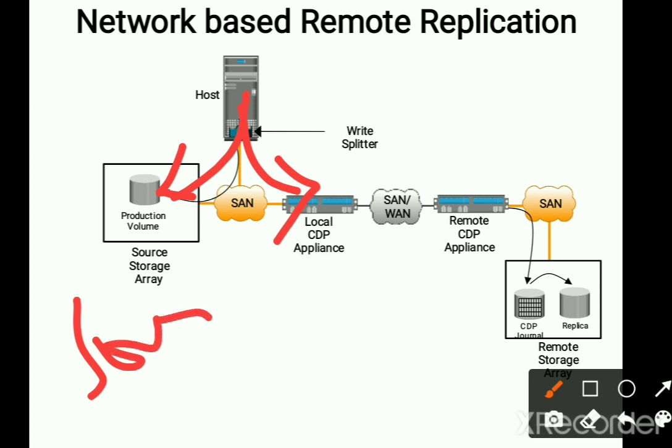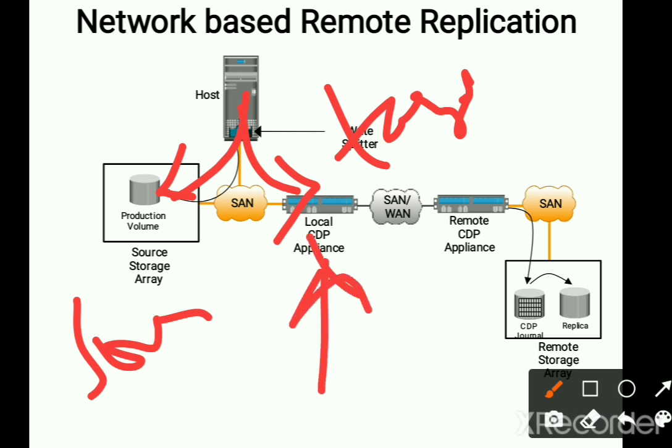One copy is sent to the local CDP appliance at the source site, and the other one will be sent to the production volume. And once it is received for writing, the appliance at the source side is going to send it to the local appliance, so that it will be transferred to the remote site.